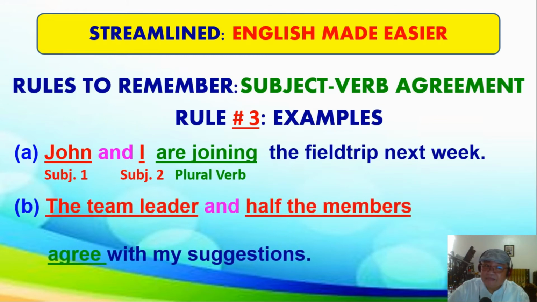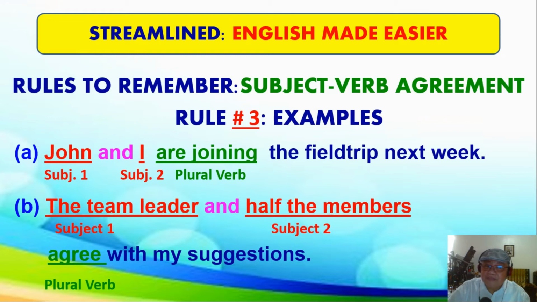The second example, the team leader and half the members agree with my suggestions. The team leader is subject number 1, half the team members subject number 2, connected by and. The subjects are plural.